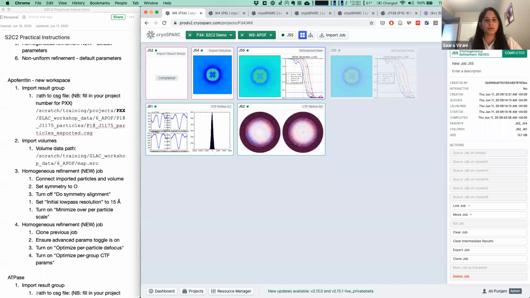Okay, some more questions regarding when CTF refinement might be useful or might make a difference based on your actual data set. So is there any relationship with the size of the particle where you would expect to see more or less of an improvement by using CTF refinement? Absolutely. The relationship is actually to do with the signal to noise ratio overall. And the size of the particle often is a major contributor to the signal to noise ratio.